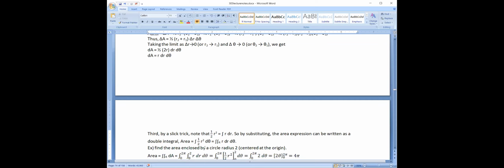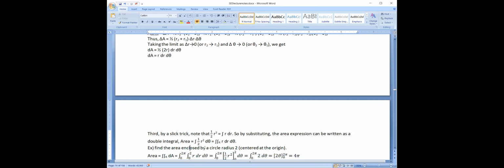And for r, we need to describe the entire two-dimensional region. Over that entire region, the smallest radius is 0, at the center, and the biggest radius is at the boundary, and that's 2. So we want r values to go from 0 to 2. That's how you set up your boundaries. Now the integral is set up, and we can just calculate.